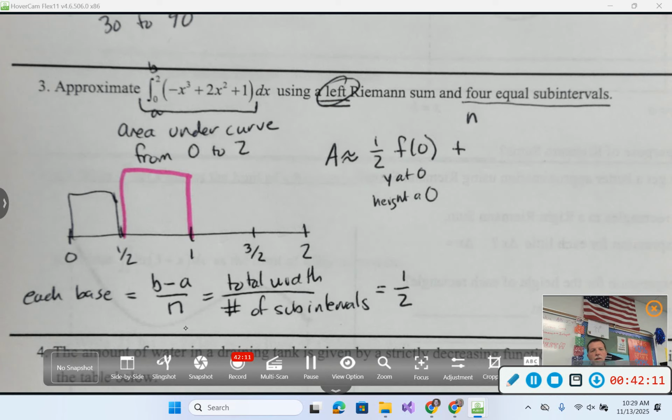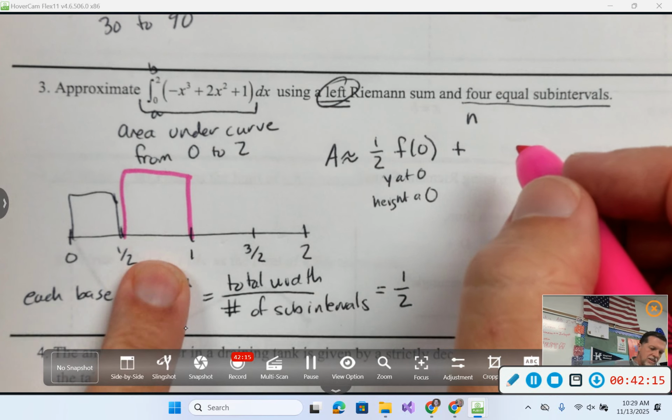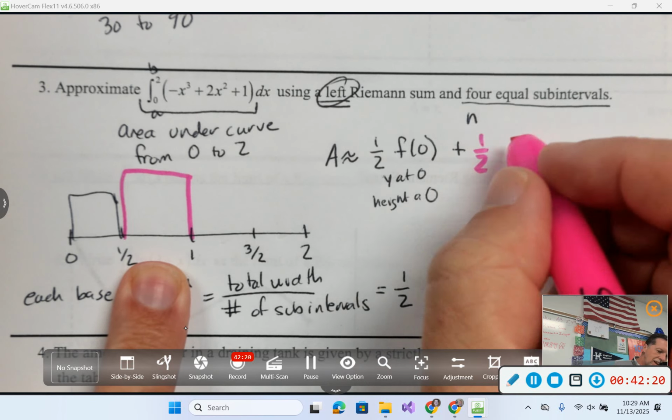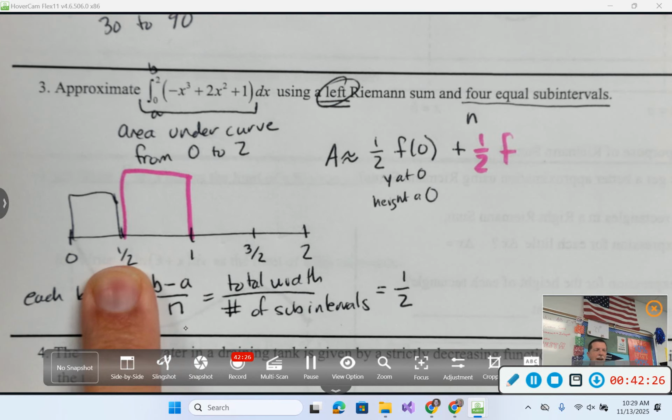What's the width of the second rectangle? 1/2. And which height will I use? The height at 1/2, because I want the left-hand height.